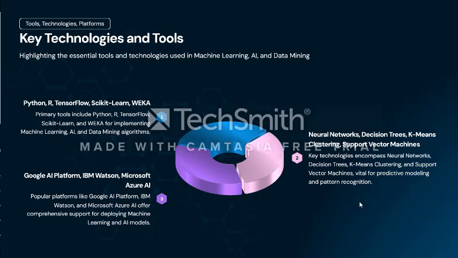And there are some algorithms as well which are being implemented while creating machine learning models. These machine learning algorithms include neural networks. There are multiple types of neural networks.